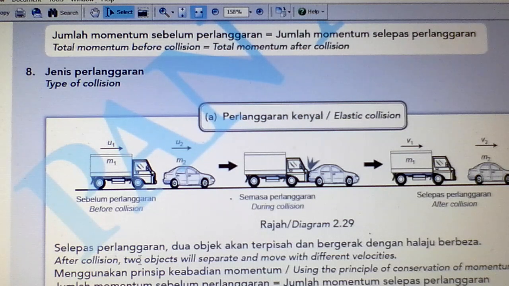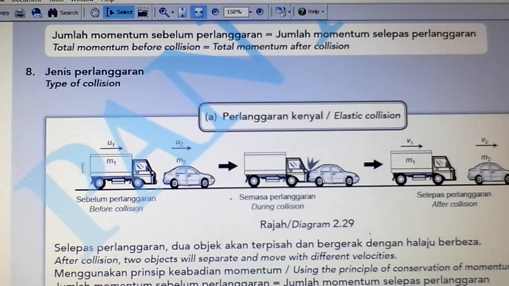After collision, two objects will separate and move with different velocities. Total momentum before collision equals total momentum after collision. So for this type of collision, we can apply the principle of conservation of momentum because no external force acts on both of the objects.